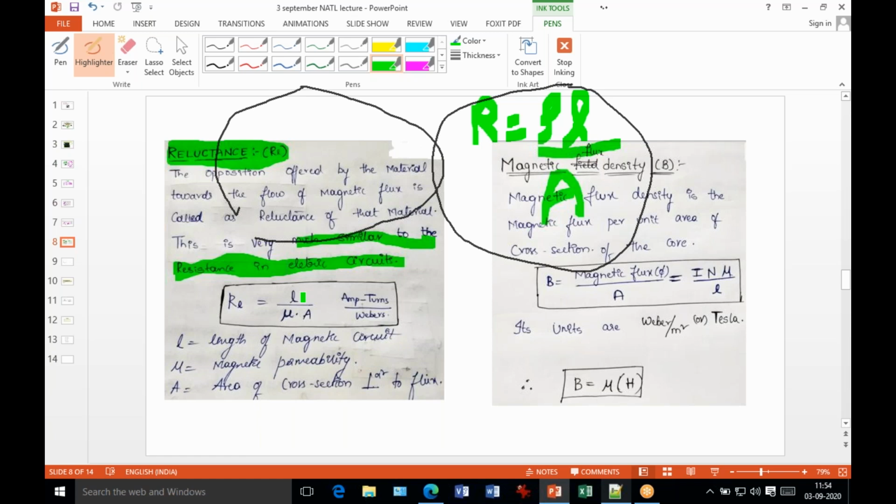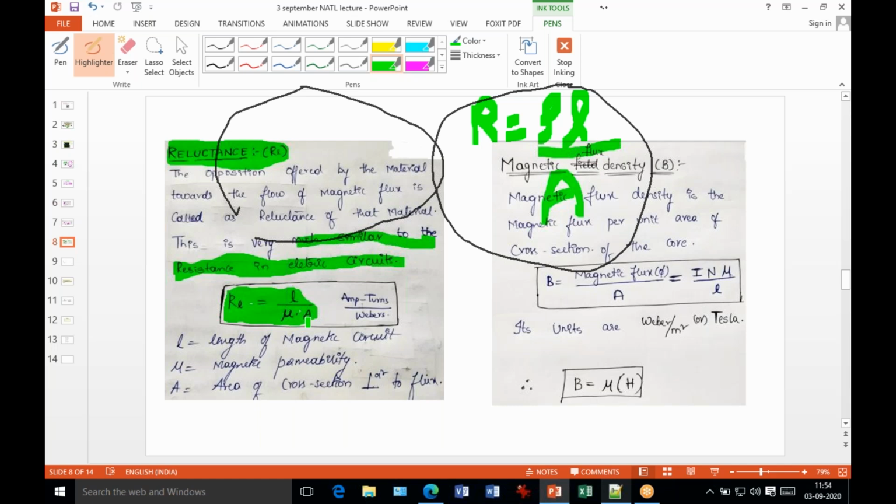But here the formula is different. This is the formula for reluctance. R is equal to L by mu A, where A is the cross-section area of the magnetic circuit, and L is the length of the magnetic circuit.